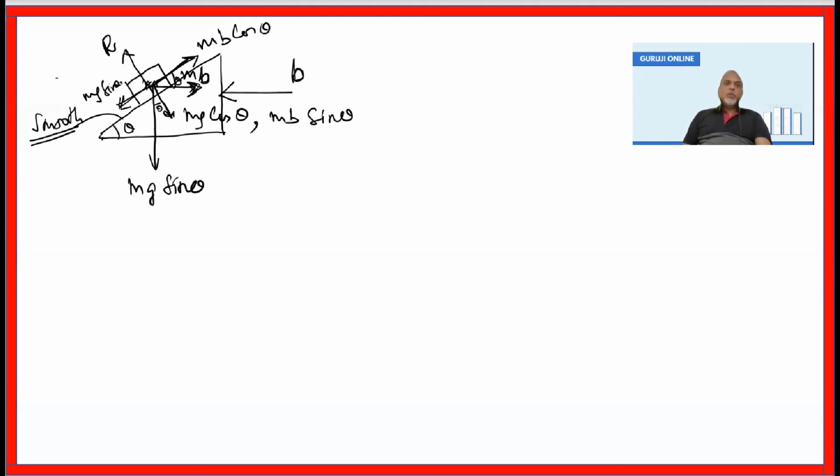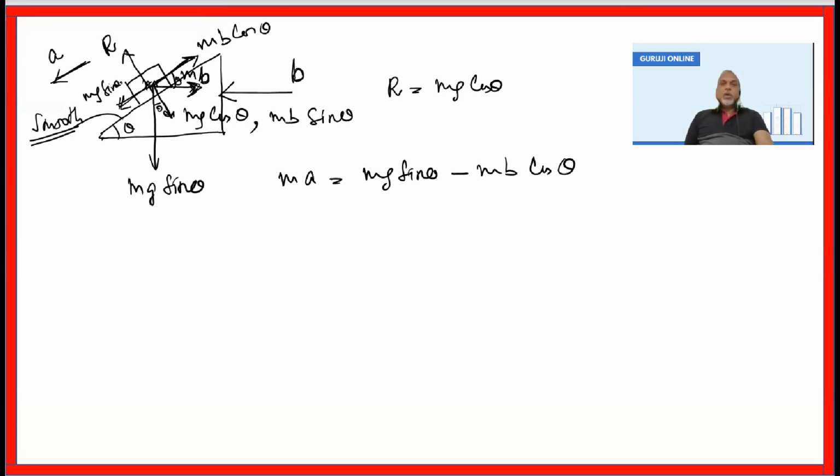So suppose this block is moving down the plane, then naturally MA will be nothing but mg sin theta minus mb cos theta. Correct? And here, what will be your R? R will be nothing but mg cos theta plus mb sin theta.